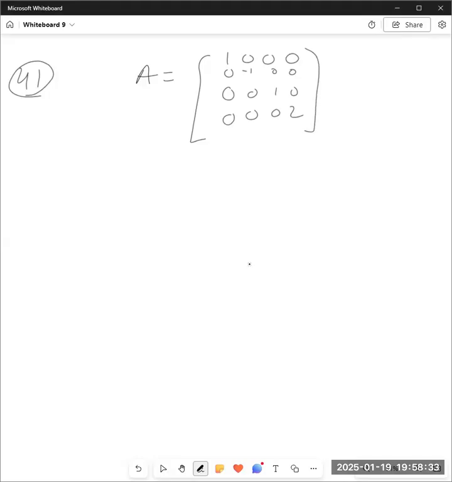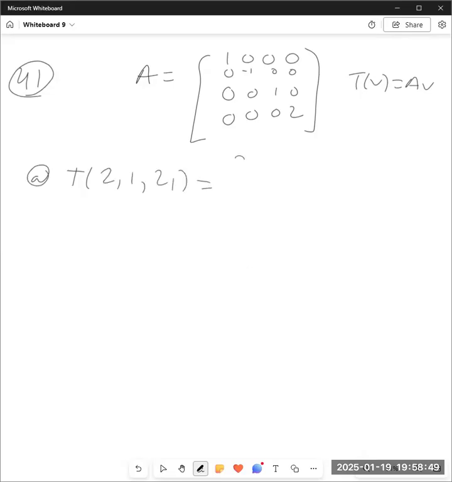So I have to write down the transition matrix for 35, which was A equals 1, 0, 0, 0, 0, negative 1, 0, 0, 0, 0, 1, 0, and 0, 0, 0, 2, with T of V equal to AV. And we want to A find T of 2, 1, 2, 1.